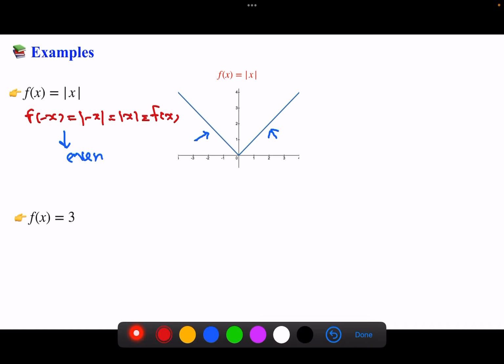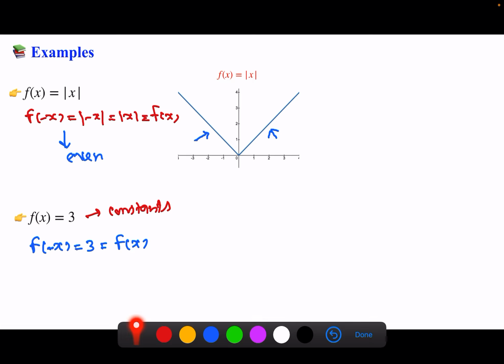Second example is f of x equal to 3, a constant function. This function is also an even function. Let us check. Replace x by minus x here. The value is 3, which is the same as the original function.